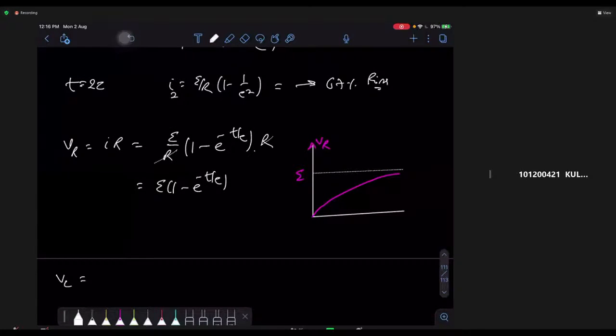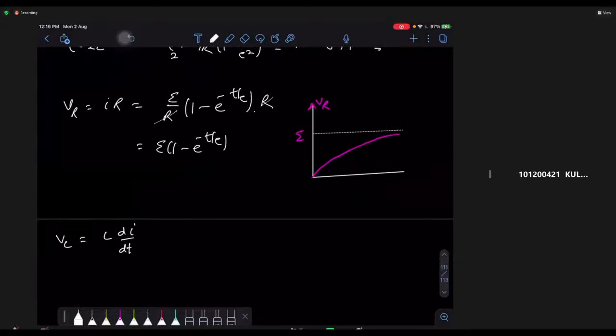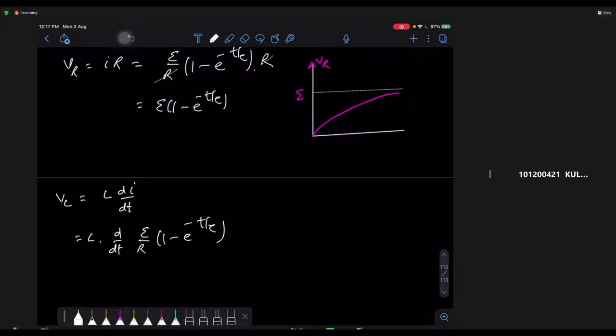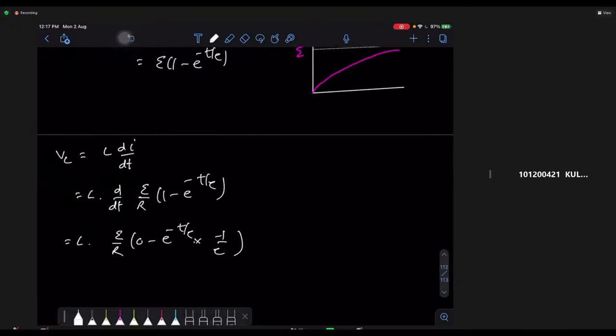Through the inductor, it is L di by dt. Current is E by R times 1 minus the exponential factor. If you differentiate, the exponential factor gives exponential into its derivative. When you differentiate the exponential, it gives exponential into the chain rule factor minus 1 by tau.